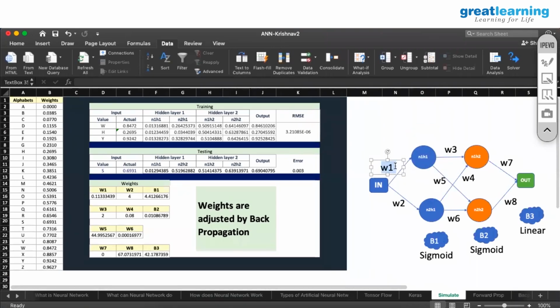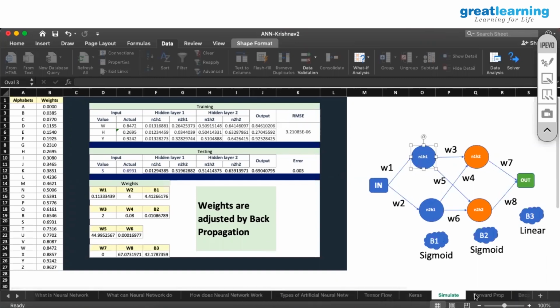The multiplication happens here, and then it goes to the activation function here. Okay, so from the input the activation function will not work. Only when it goes to N1H2 will the activation function work. Yes, correct. Perfectly identified.